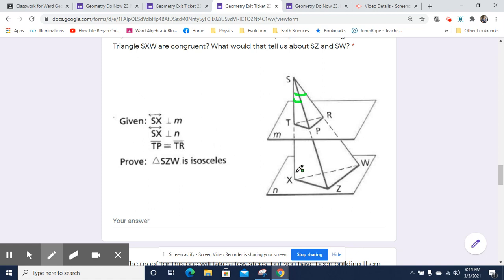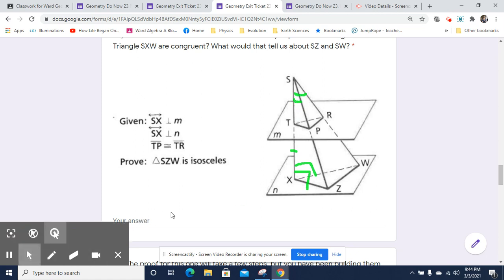Cool. We also know that this angle is a right angle and this angle is also a right angle because SX is perpendicular to N, and XZ and XW both go through the foot of SX. And then we can say SX is congruent to itself. Okay, so if SX is congruent to itself, then we've got angle, side, angle.